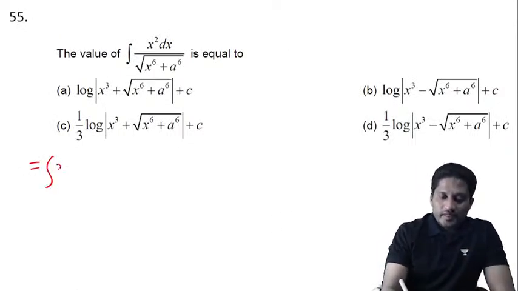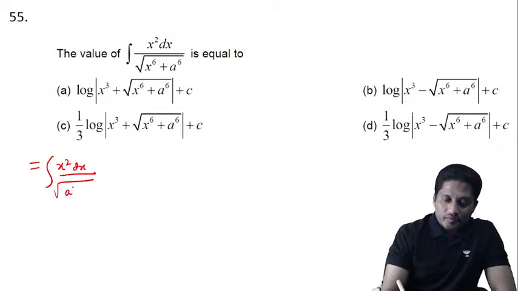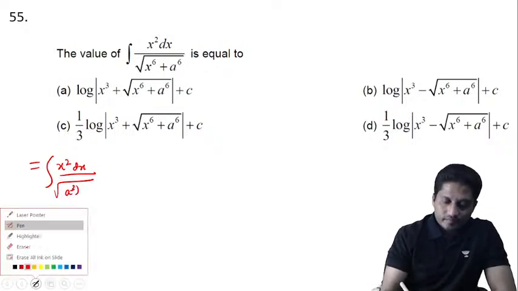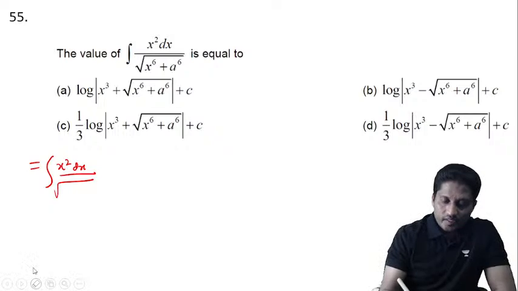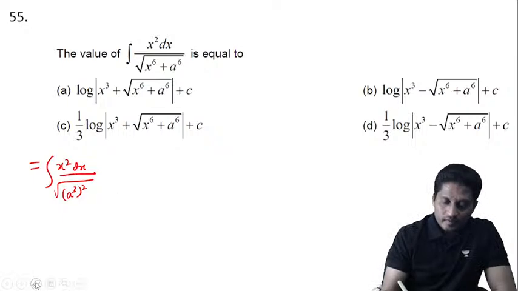Integration of x square dx divided by root of a power 6 can be written as a cube the whole square, right? x power 6 can be written as x cube the whole square.